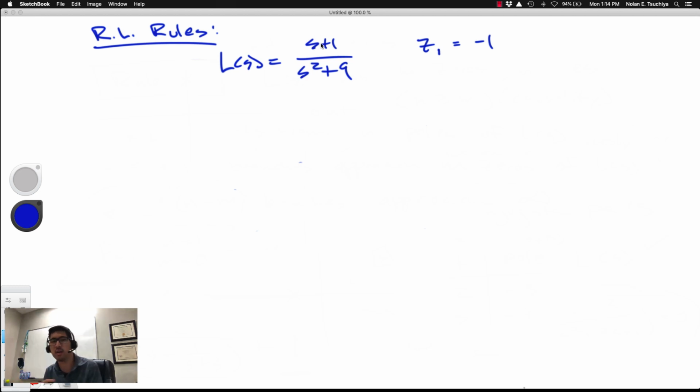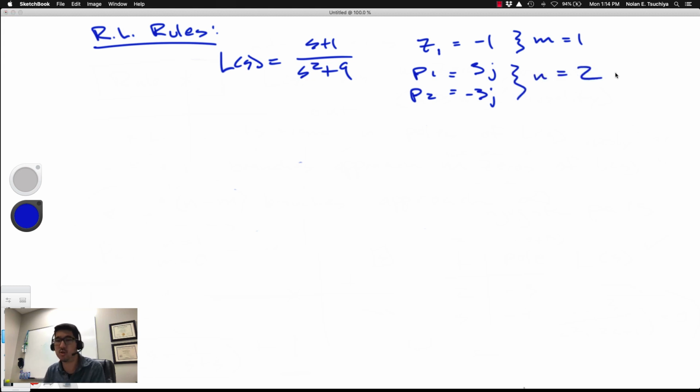Set the numerator equal to 0 and solve for s. But there's 2 poles, P1 and P2. If you set the denominator to 0 and solve for s, you get plus and minus 3j. So there is m equals 1 zero, and n equals 2 poles for this example.